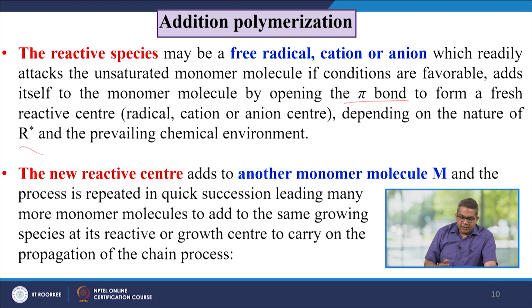The new reactive center adds to another monomer molecule M, and the process is repeated in quick succession, leading many more monomer molecules to add to the same growing species at its reactive or growth center, carrying out the propagation of the chain process.